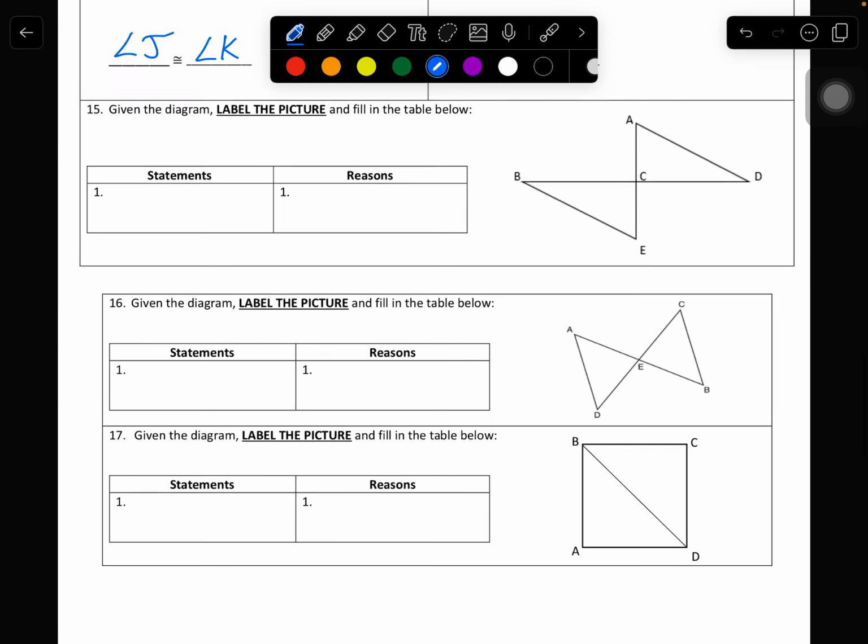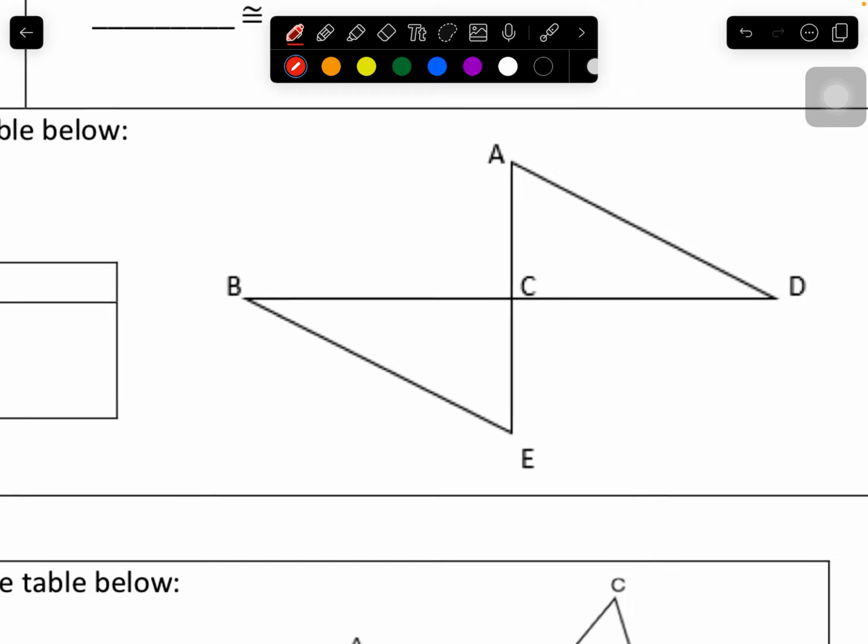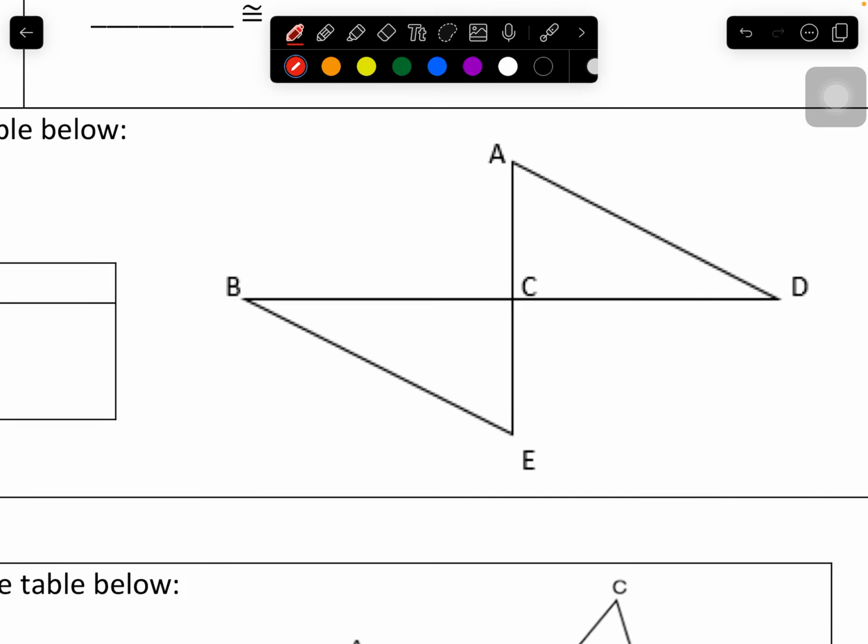And the last section here is what we did yesterday on the formative. You have to look at the diagram and figure out what do you see that's true. You got vertical angles, or do you have reflexive property? And in this diagram, I see a bow tie. I see triangles that are connected by a single dot.